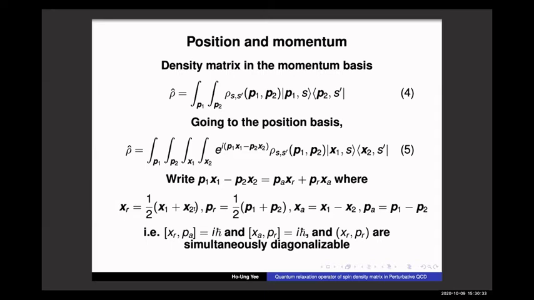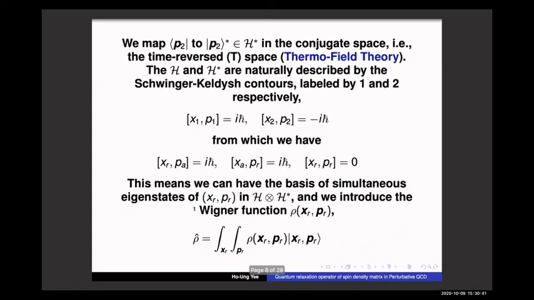Another way of thinking about this, which is totally unnecessary but useful, is to consider this Bragg part in the density matrix as a state in the complex conjugate space of the cat space, which I call H star.